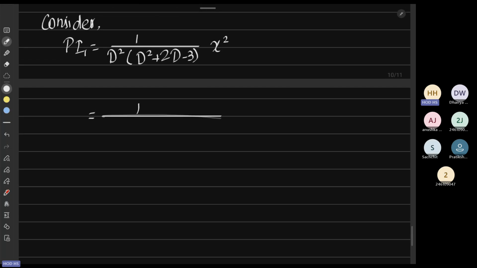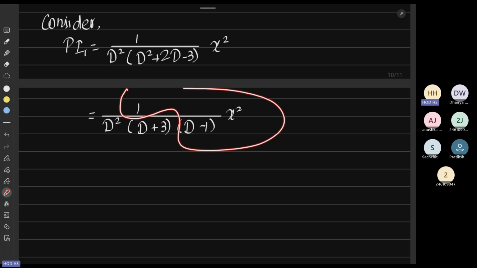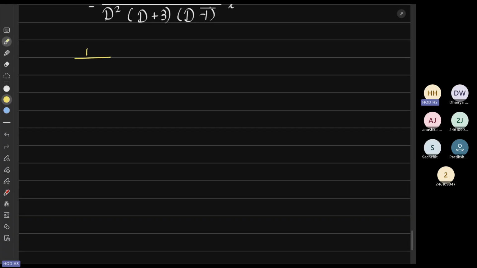I'll rewrite this as 1 upon D²(D + 3)(D − 1) of x². So for starters, I will focus on this part, 1 upon (D − 1) of x². Remember the rule? 1 upon (1 − u) is written as 1 + u + u² + u³ and so on.